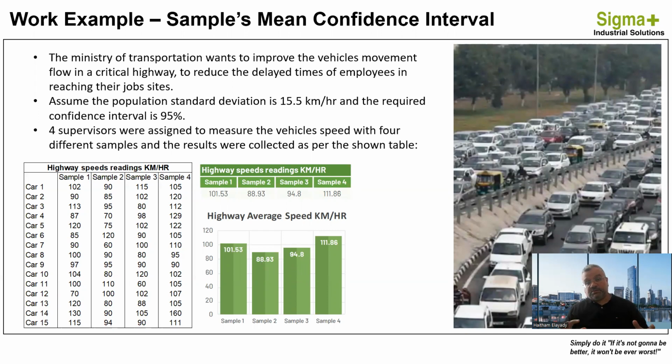And we will consider that those readings were collected in a random way. As the first result, I can get the average value, which is 99.28, the average of 101, 88.9, 94.8 and 111.8.